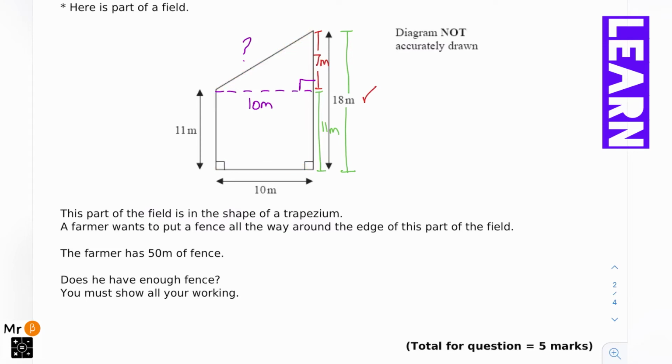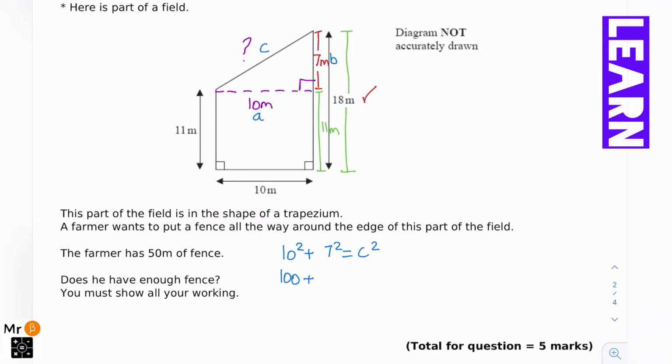So our next step, now we've worked out the 2 missing lengths in our triangle, we can use these to work out our hypotenuse length. Again, we can start by labelling up our triangle. A, B, and then our hypotenuse is C. So we now know A squared plus B squared is equal to C squared.